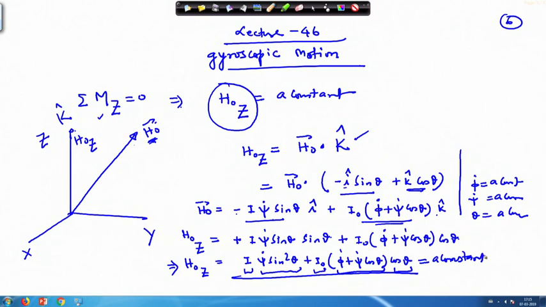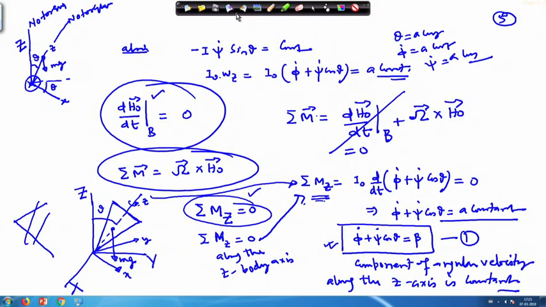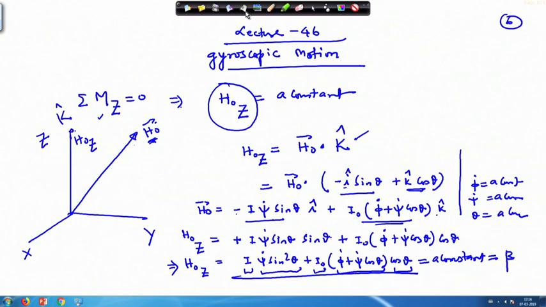Here we have already used beta, so we will write this constant as alpha.